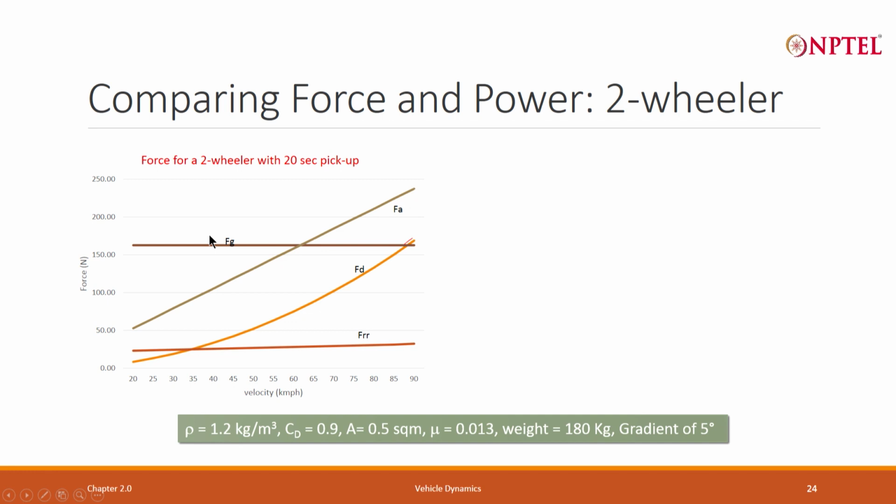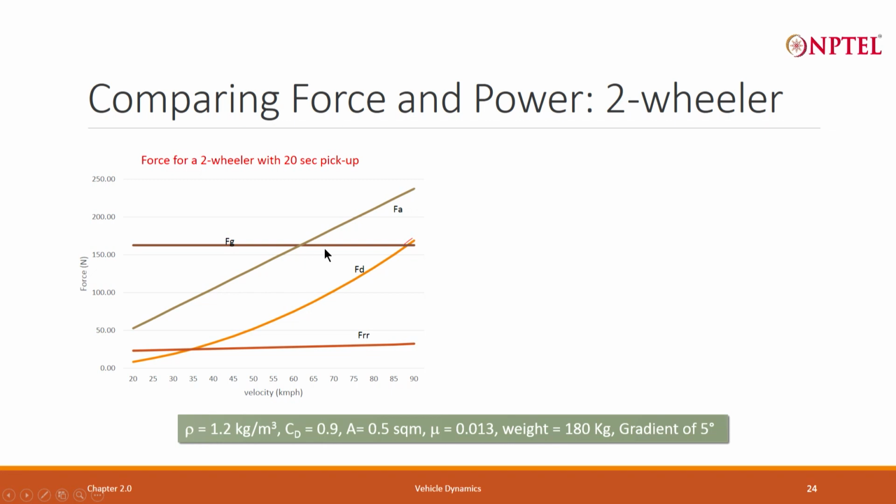If I look at the gradient force, I can forget about both the drag and the rolling resistance till very high velocity. This is very, very dominant. Of course, this happens only on a slope.